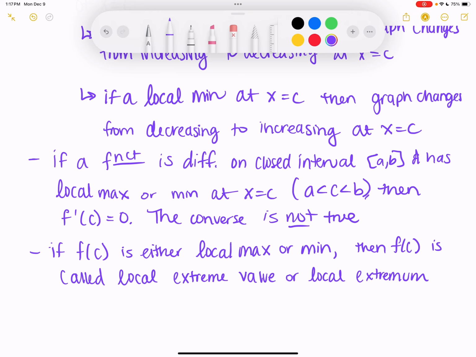The plural is extrema. Okay, that's the last of that particular local topic.